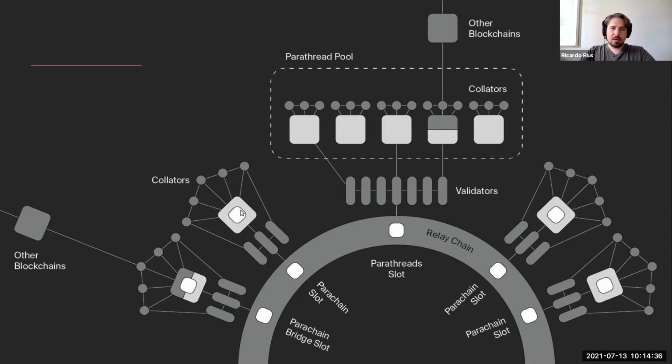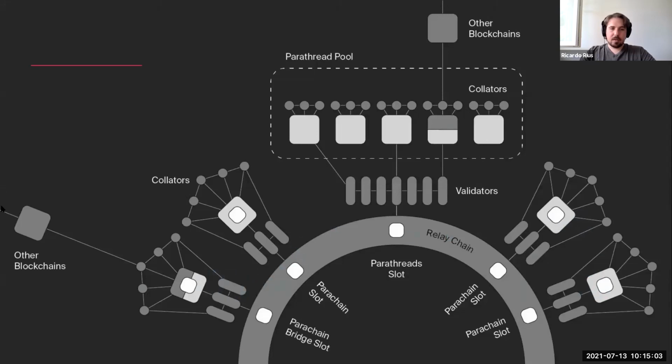Then we have a graphical representation of a parachain, or a blockchain with a specific purpose. And then collators. Collators are the validators, or the authority nodes, of the parachain. This means that we will have a lot of parachains. Here we have an example with 3 parachains.